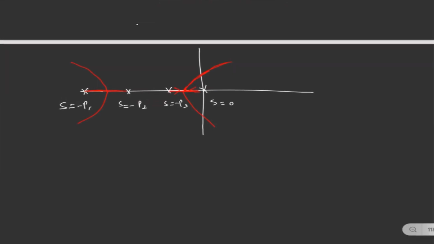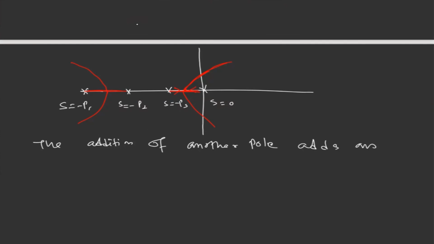So what is the takeaway from this part? The addition of another pole adds another branch that goes to infinity.